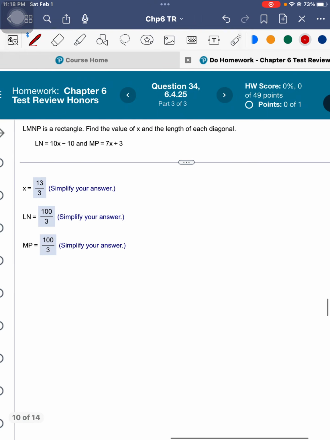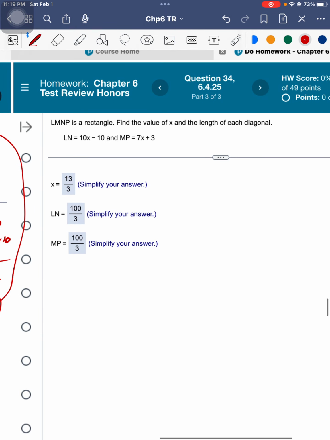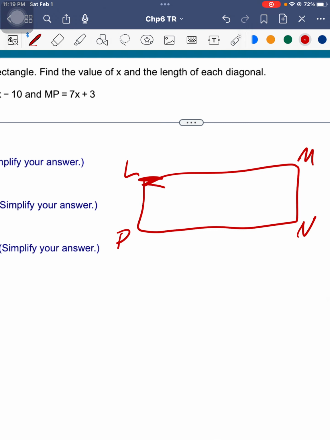All right, so this one, okay, LMNP is a rectangle, so I'm gonna automatically do that, a rectangle. LMNP, okay. Find the value of x and length of each diagonal. Okay, so now I know it's gonna have something to do with diagonals, so I'm gonna go ahead and write that. And I know that a rectangle's diagonals are congruent.